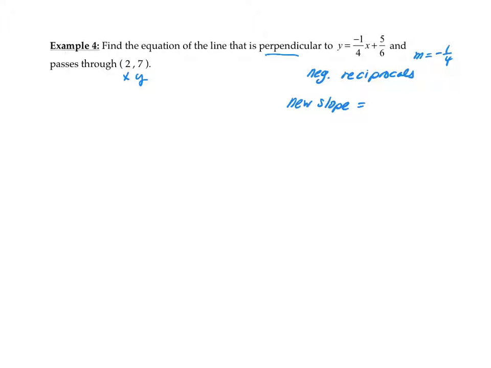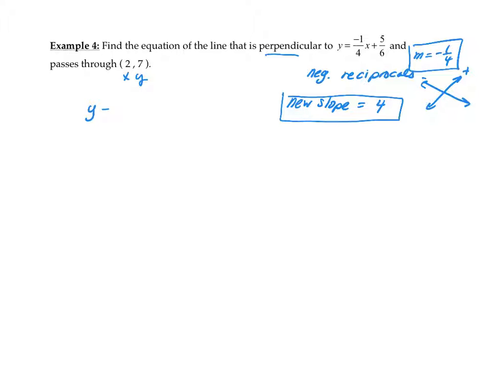So the reciprocal of 1/4 is 4/1, or just 4. And since this slope is negative, meaning the line would go this way, our slope has to be positive. So it would go in the opposite direction. So our new slope is just simply positive 4. Okay, so plug in your slope, and we have y equals 4x plus b.